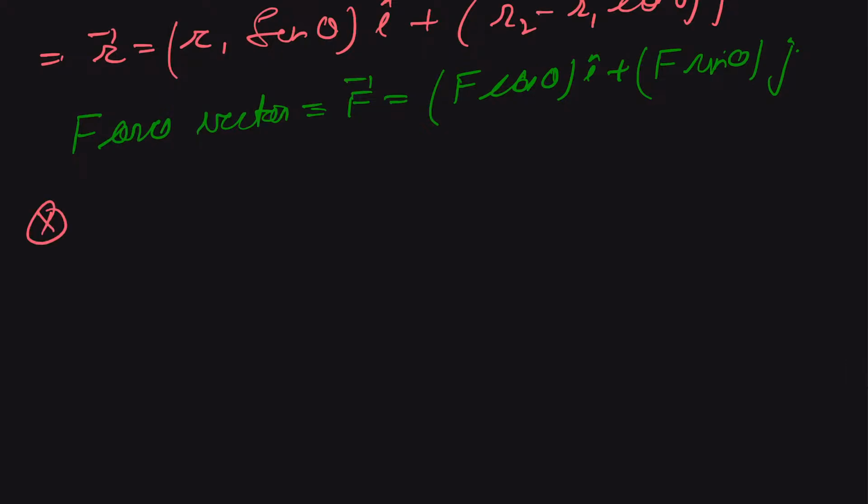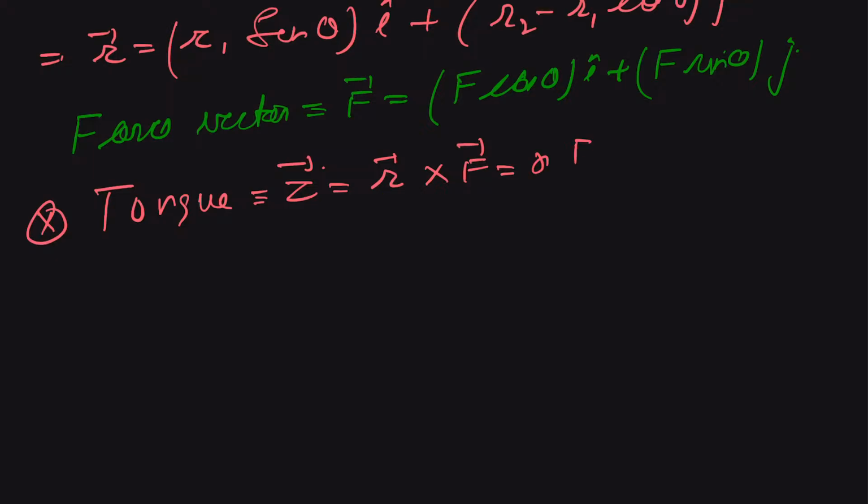Therefore, we can say that our torque tau is equal to position vector cross force vector, or we can also say it as x F_y minus y F_x, and the direction of the torque will be our k unit vector.